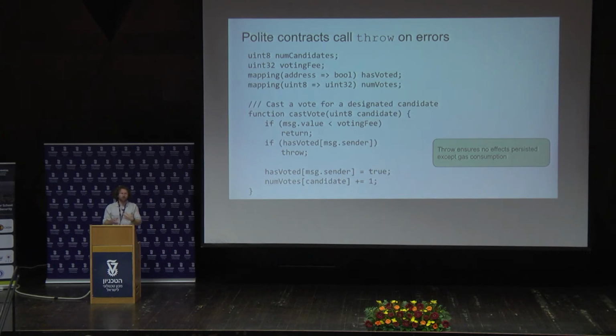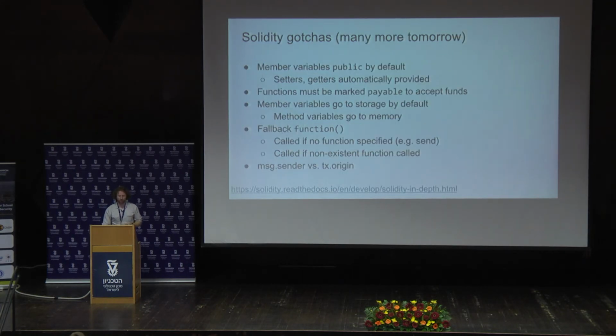Basically, it's very, very common to cause an exception to happen, to cause the machine to halt and everything to undo if there's any problem. So if someone calls your code in a way they're not supposed to, or they're not authorized, the default is always just to throw an error, and then that guarantees that you'll go back to where you were before, and the system will keep working. I guess that should say today instead of tomorrow, but there's a lot of subtleties here, which I'll leave, I suppose, for Vitalik to talk about.